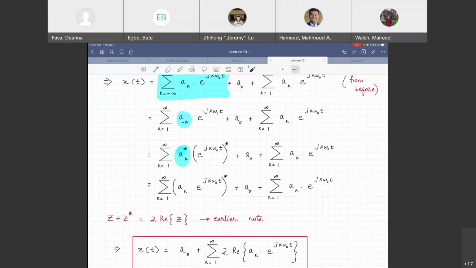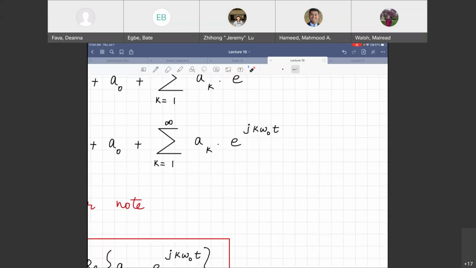Now, we know that z plus z conjugate, the sum of a complex number and its conjugate, is 2 times the real part of z. You can quickly see this: a plus jb, z, plus a minus jb, z conjugate, gives 2a, which is 2 times the real part of z, right?